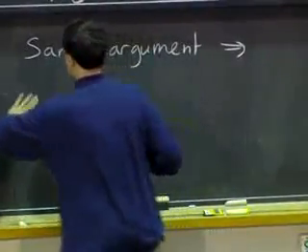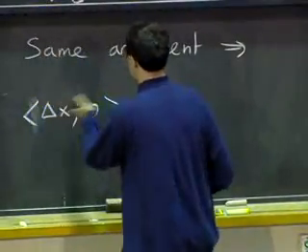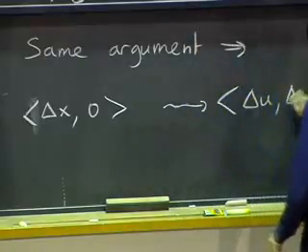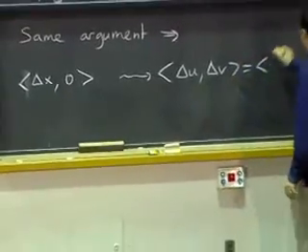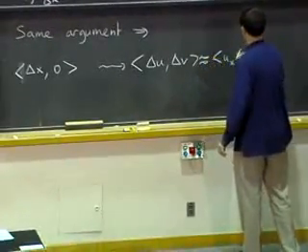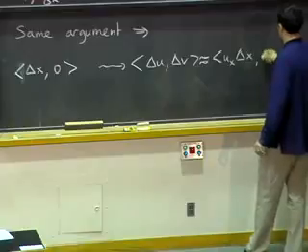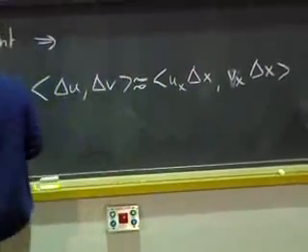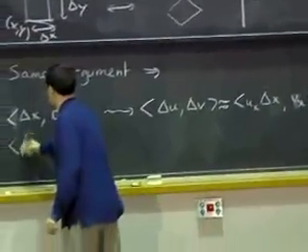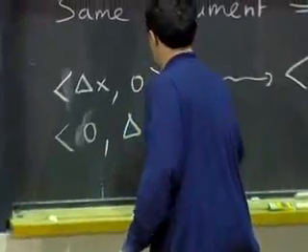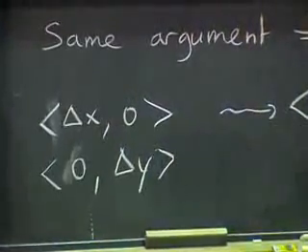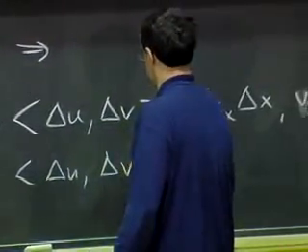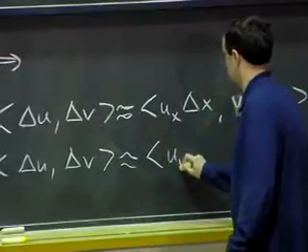So, if we move in the xy coordinates by delta x and 0, then delta u and delta v will be approximately u sub x delta x and v sub x delta x. On the other hand, if you move in the other direction along the other side of your rectangle, 0 and delta y, then the change in u and the change in v will correspond to, well, how does u change?